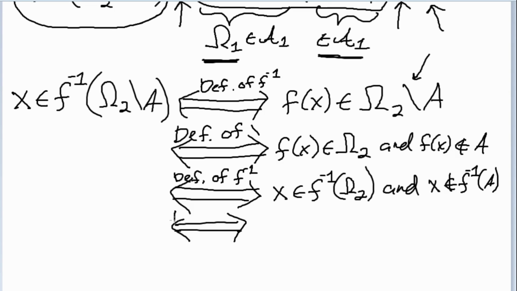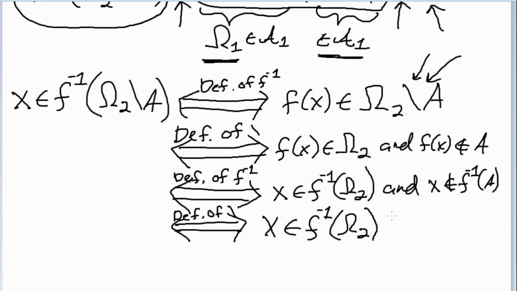And now again, if I just use the definition of the set minus here again, then that just tells me that x is in f to the negative 1 of omega 2, so it's in the preimage, without this preimage.